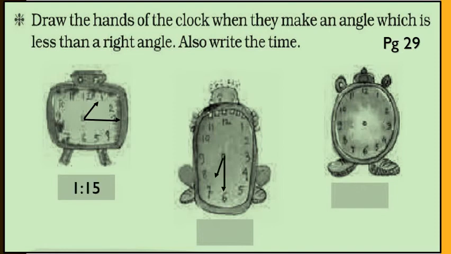In the second clock, when it is 7:30. And in the third clock, when it is 4:10, the angle formed between the two hands of a clock is less than a right angle.